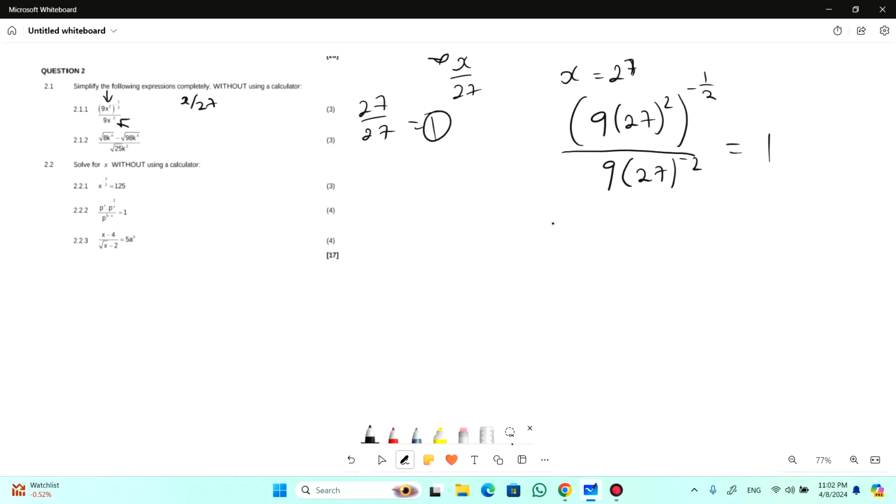But let us just simplify it for argument's sake. Here, remember we said this is 1 over 3. This here will be 27 raised to the power 1. And here at the bottom we have 27, something like this.